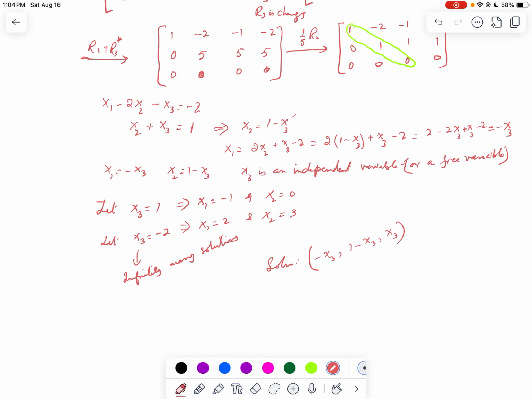Sometimes we say let x3 equal some letter t, for example, then the solution becomes negative t, 1 minus t, t. So this is how we write down our solutions when we have free variables. In this case we had only one free variable. We can have more than one free variable, as you will see in coming chapters. Okay, so this is section 1.1.